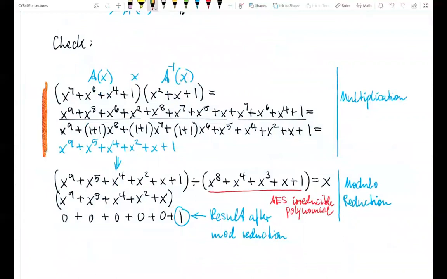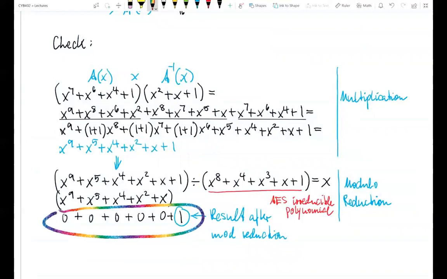First, we need to multiply these two polynomials. We get a result. The result is outside of our field. So we need to modulo reduce the result with the AES irreducible polynomial. And what we get is the result is actually 1. Okay.